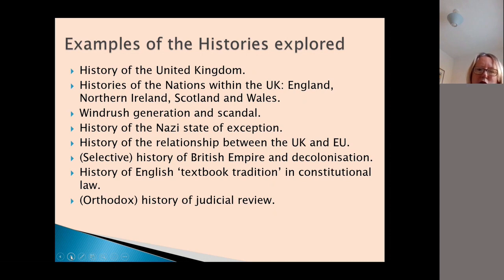We look at the history of the relationship between the United Kingdom and the European Union. We touch upon the history of British Empire and decolonisation. We also look at the fact that the history of public law is also the English textbook tradition. And we also challenge and consider towards the end of the module the traditional history of judicial review.